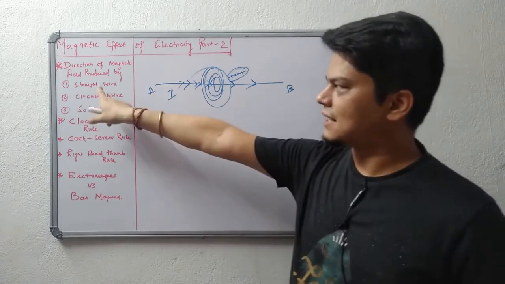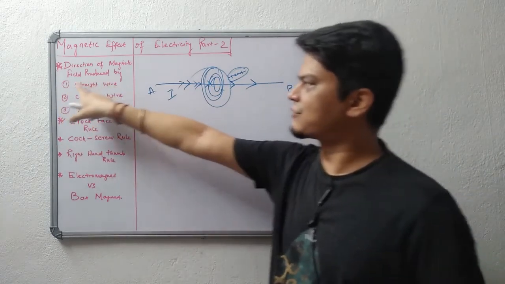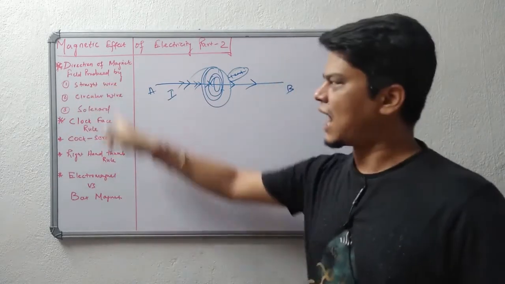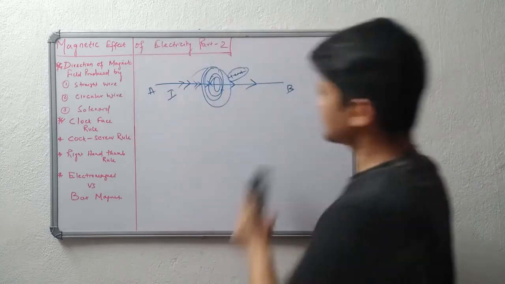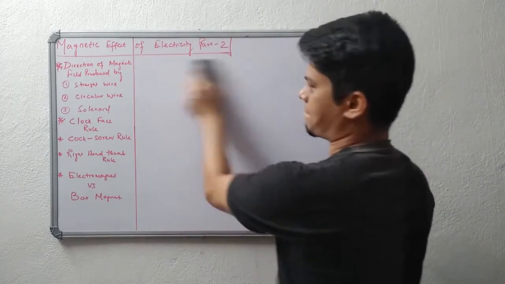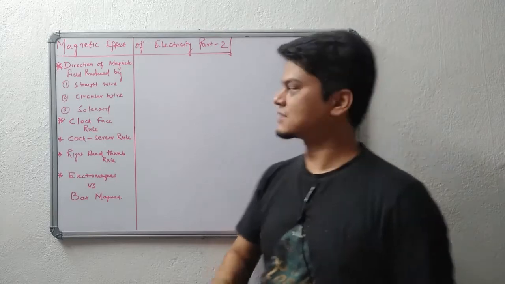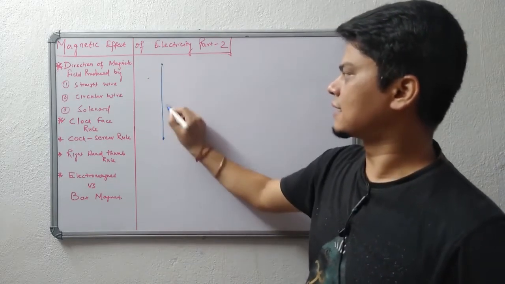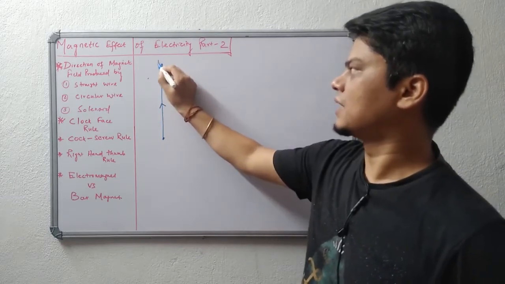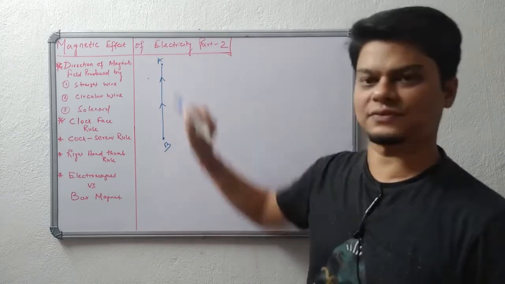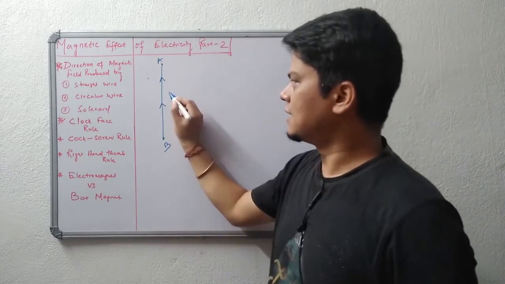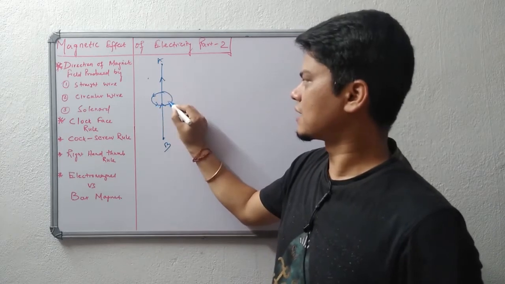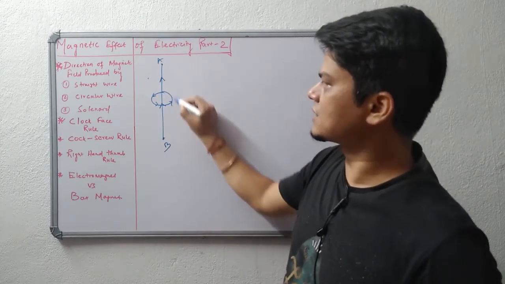Then we should understand how these three things are different from each other. Although all three things are made up of wires, how are they different? Let us see. The first thing is a straight wire. If this is a wire AB, a conductor, and current I is flowing across it, then the direction of the magnetic field will be this way, because the current is in this direction.